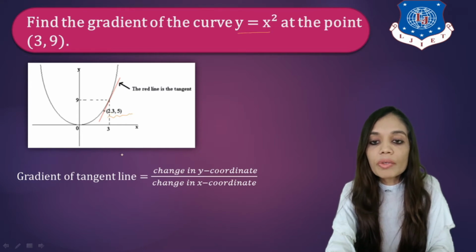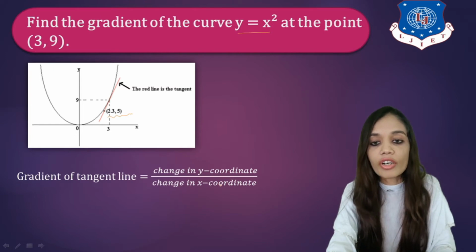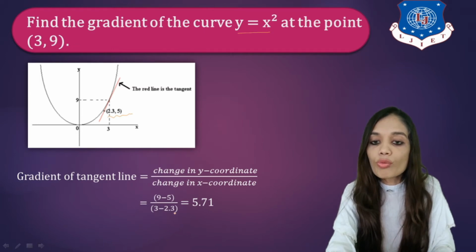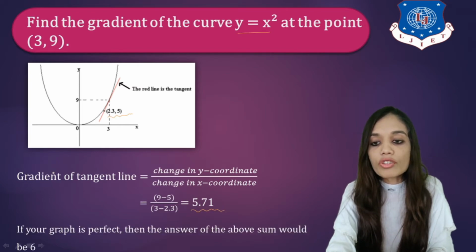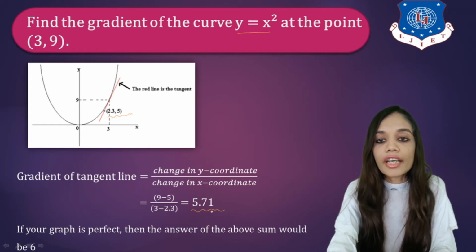The gradient will be given by change in y coordinate upon change in x coordinate. So this will be equal to 9 minus 5 upon 3 minus 2.3, which will give us the answer as 5.71. Now if your graph is perfect, then the answer of the above sum would be 6, right?